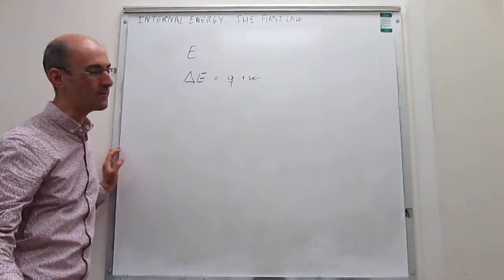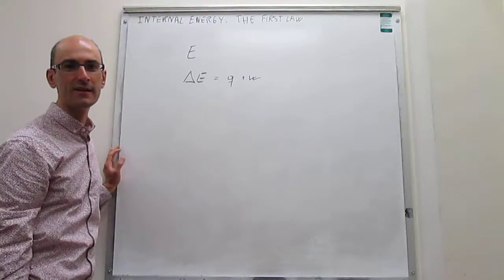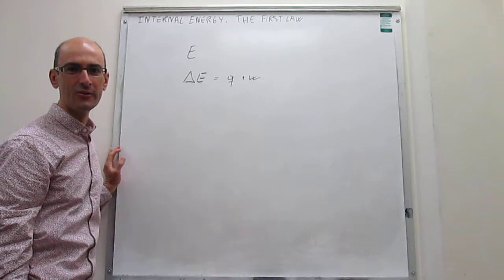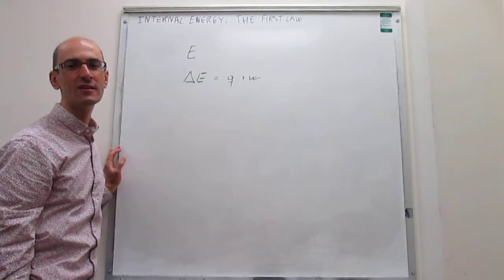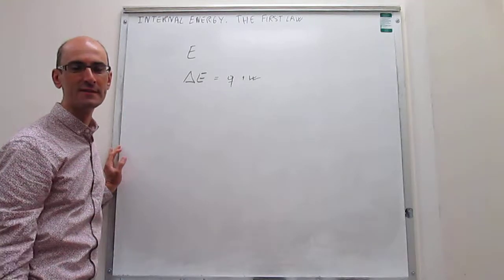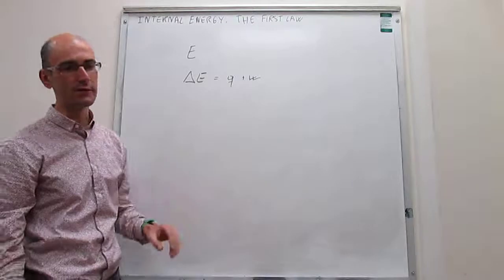This is our first law of thermodynamics, which tells you that because energy can only be transferred as either work or heat, the change in internal energy of a particular system has to be the sum of those. Okay, so that's our first law of thermodynamics.